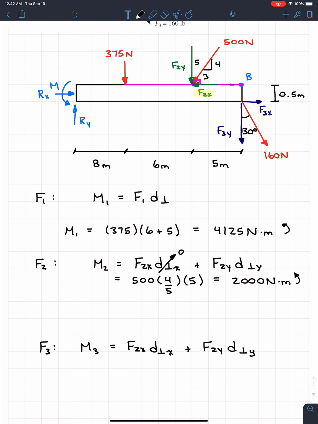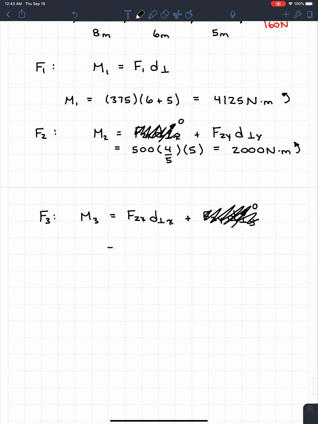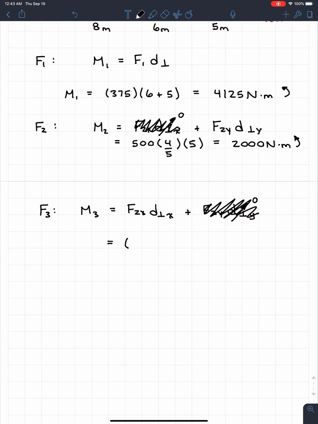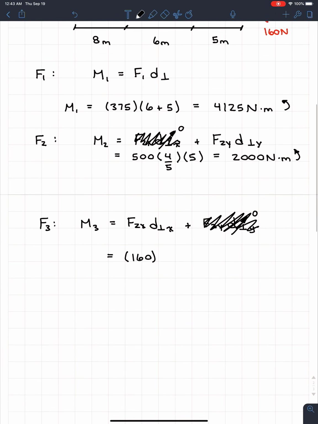In this case, F3y runs and intercepts point B, so d perpendicular in the y is going to be 0. So this doesn't create a moment again. I'll cross this one out too because it didn't create a moment. Now M3 is just going to be F3x, which we know is going to be 160 newtons. But that's F3 in general, so to find the x component, we're going to have to multiply by sine of 30.